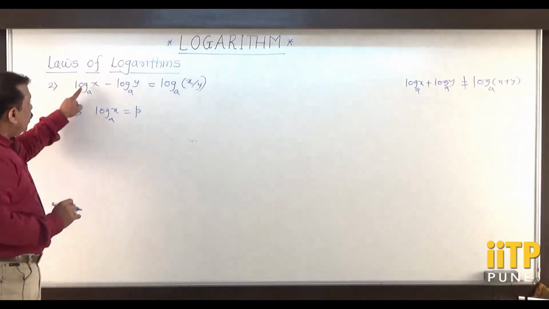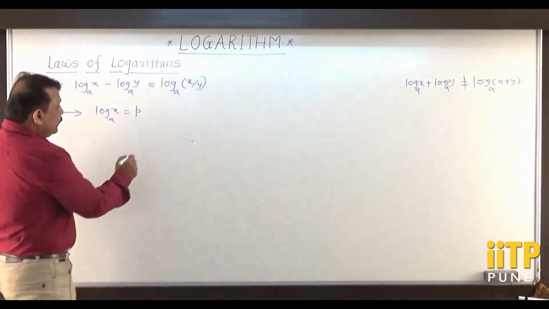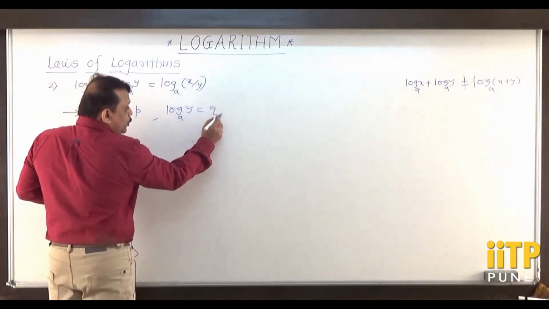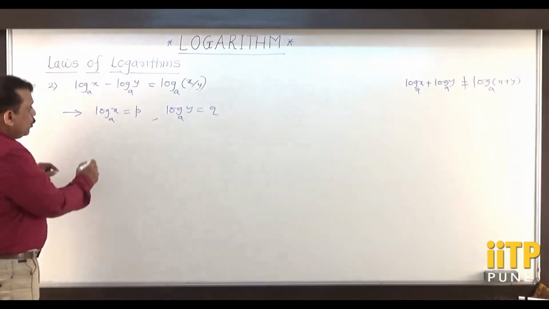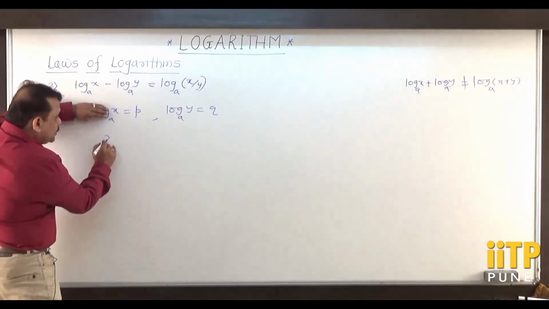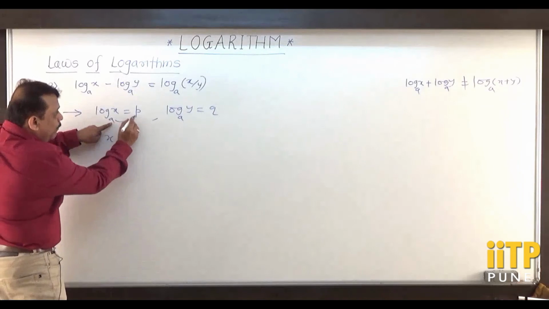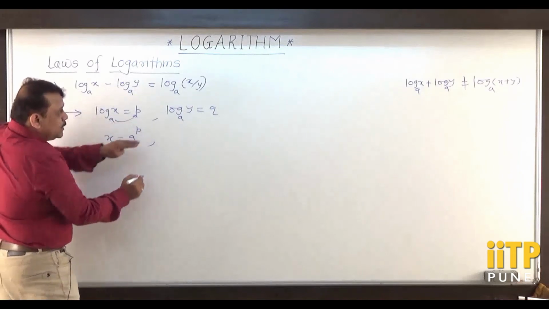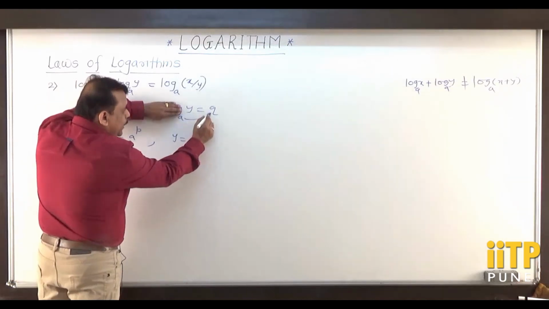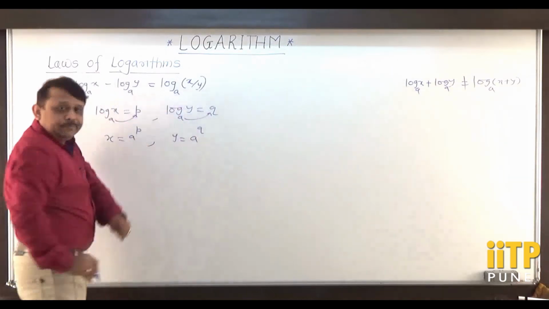So suppose log x to the base a is p, log y to the base a is q. Convert into exponential, keeping your hand on log. So x becomes a to the power what? P. Similarly, y is equal to a to the power q.